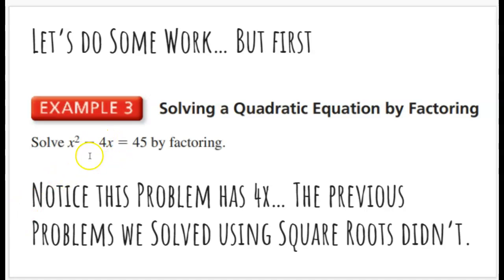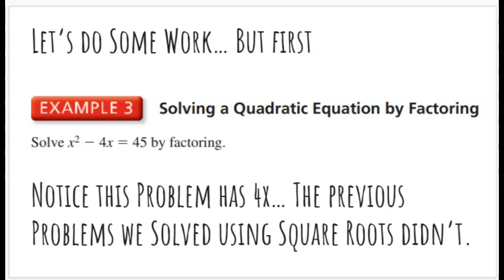You see this 4x right here? That's a linear term. How would you know that? Because of that famous equation that you all remember, y equals mx plus b, something x. This is something x, so that's your linear term. The x squared represents your quadratic term, okay? 45 is our constant. Okay, enough of that.